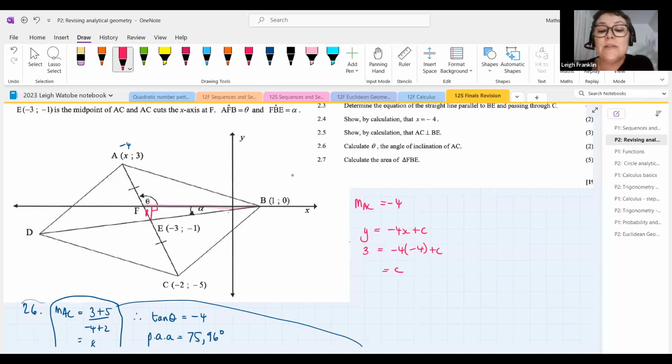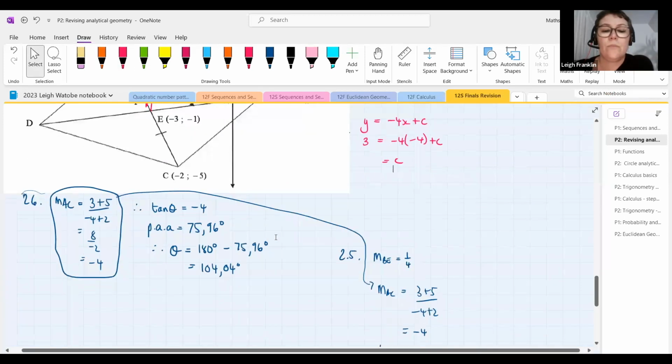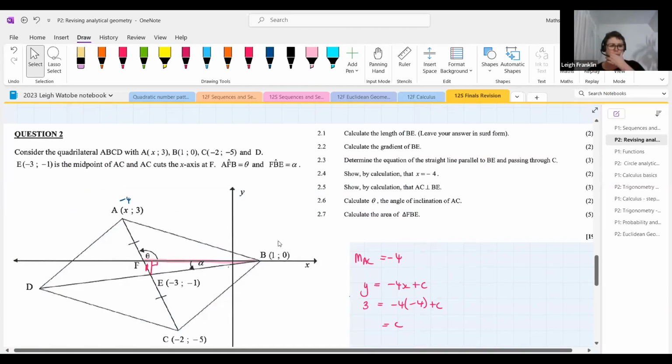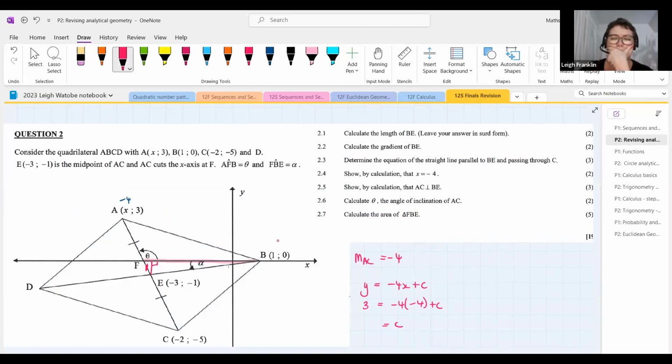So that would give me 16, and 3 minus 16 leaves me with -13. Okay, so that means that the equation of line AC is y equals -4x minus 13.